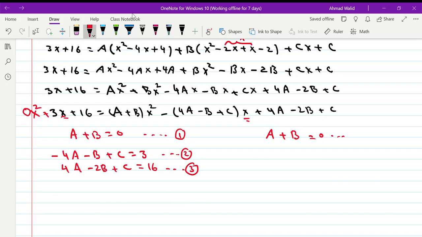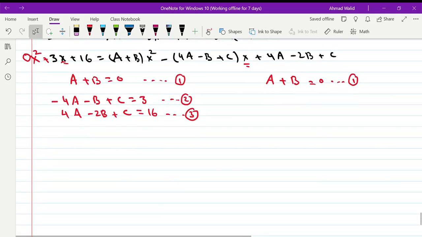This is what we learned when dealing with systems of linear equations in 3 variables. To eliminate C between 2 and 3, you can multiply equation number 2 by -1, which gives you 4A plus B minus C equals -3. Copy equation number 3 under that.